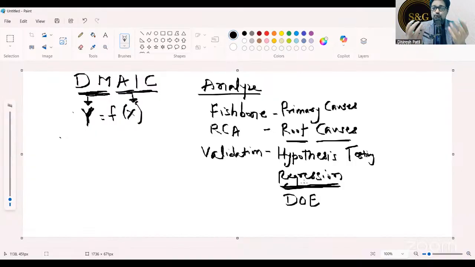We can use it for discrete data as well, but discrete data has different types. If the discrete data is count data, we can use correlation and regression. For example, the number of people in the room is count data, a discrete data.